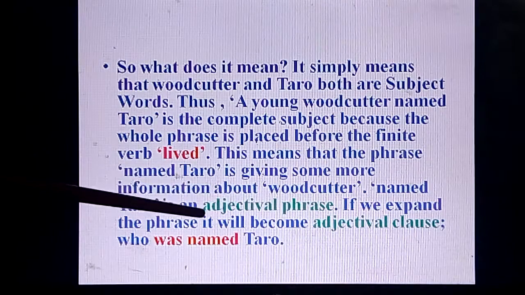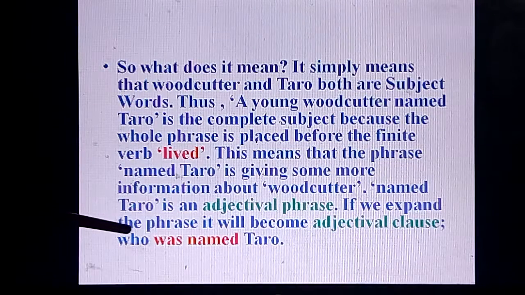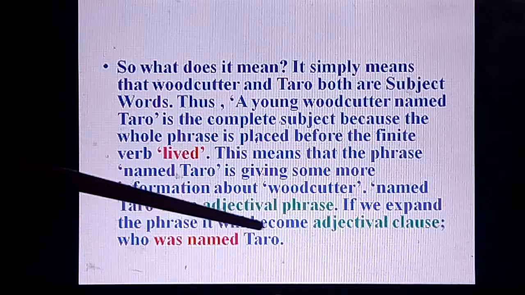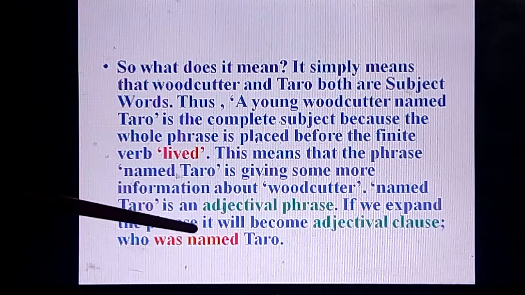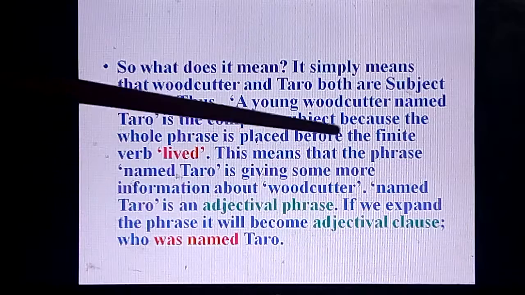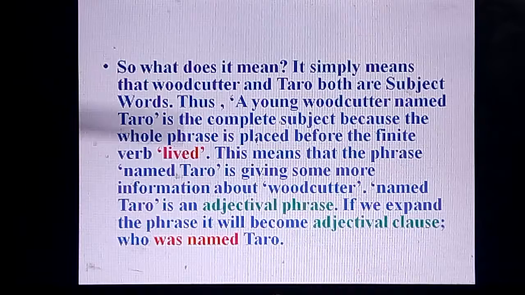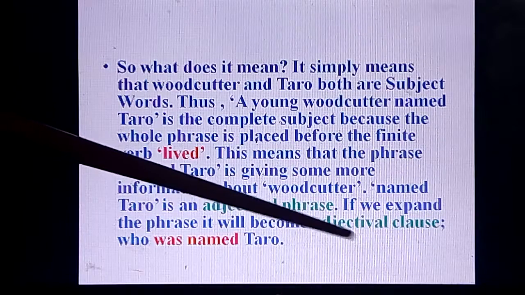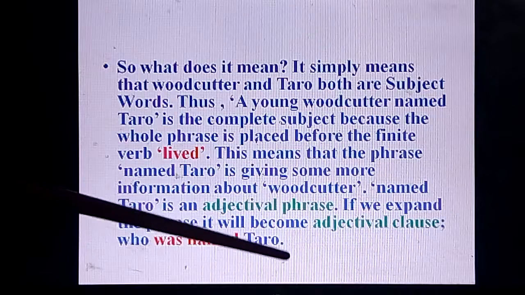Named Taro is an adjectival phrase. Actually speaking, it is an adjectival phrase. If we expand the phrase, it will become an adjectival clause. Expanding means adding proper helping verbs to this verb, that is, it is incomplete, and making it a proper clause. Who was named Taro?